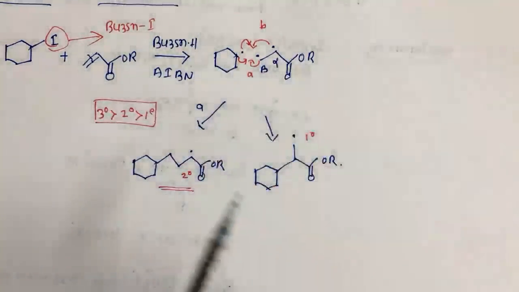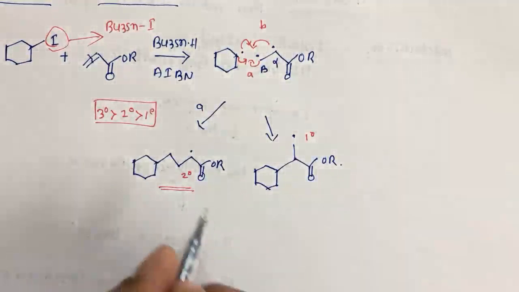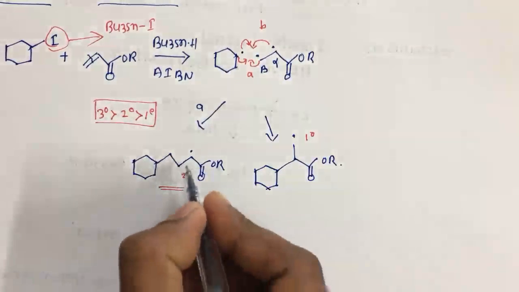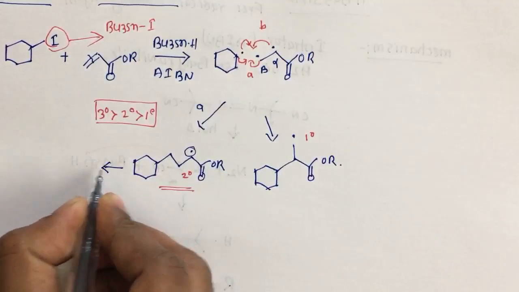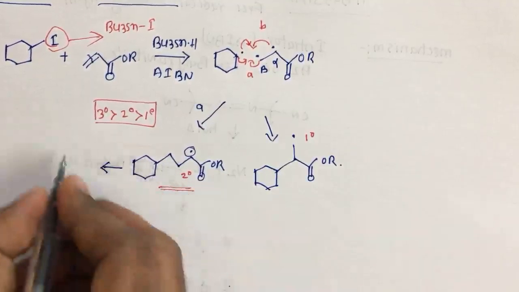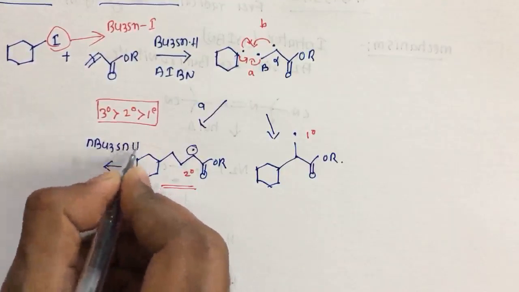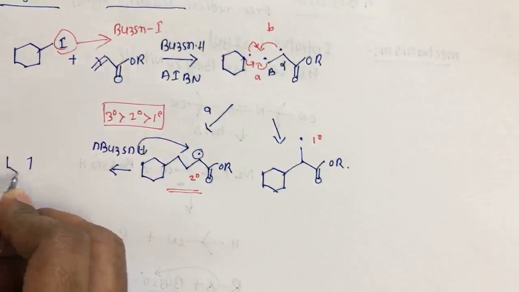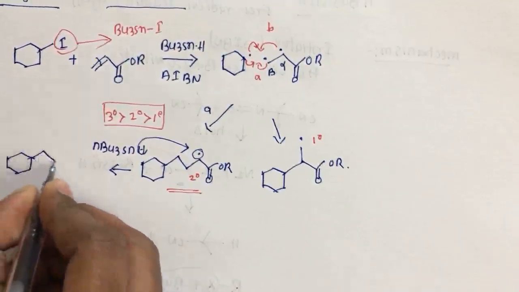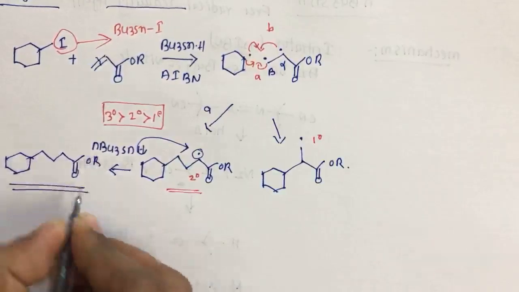Always remember, when we have alpha beta unsaturated carbonyl compounds with n-butyl stannous hydride, beta attack always takes place. If beta attack takes place, we are generating a more stable free radical. Now one more Bu3SnH comes, this hydrogen goes and attacks this free radical, so we'll get this product.